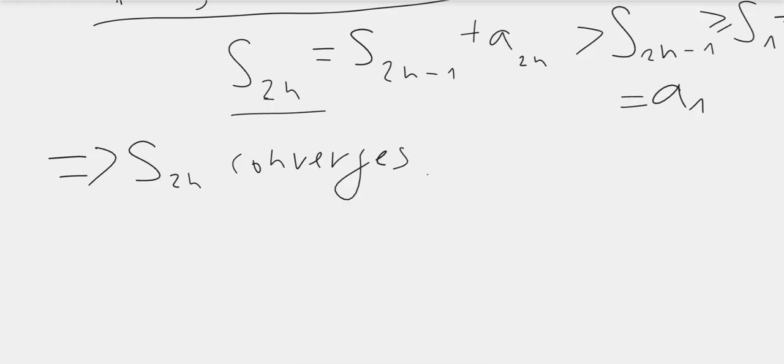Similarly, we consider the odd partial sums. S2n plus 1 is equal to S2n plus a2n plus 1. This term is negative because all the odd terms in the sequence are negative.